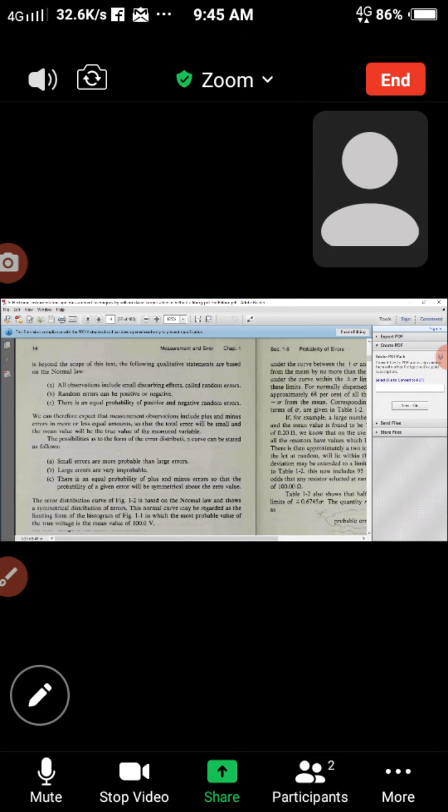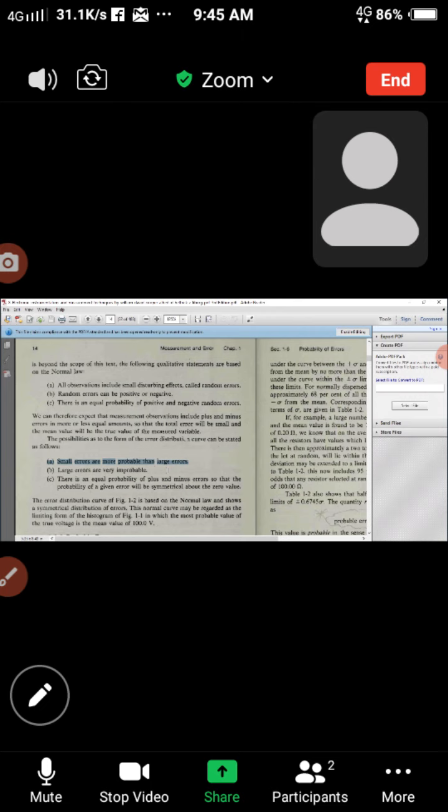The possibilities to form the error distribution curve can be stated as follows. Small errors are more probable than large errors. In the figure you will find that large errors are less. That means plus or minus 0.3 volt error is very less.